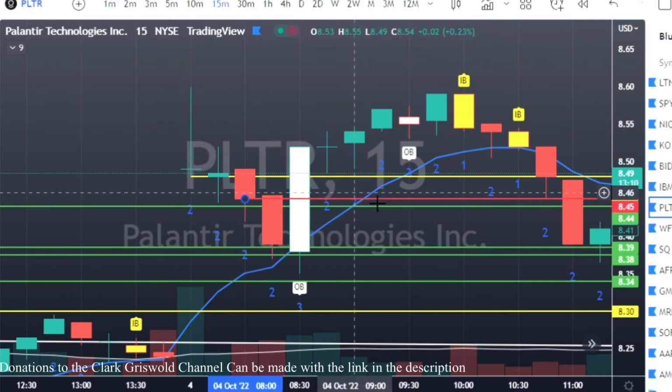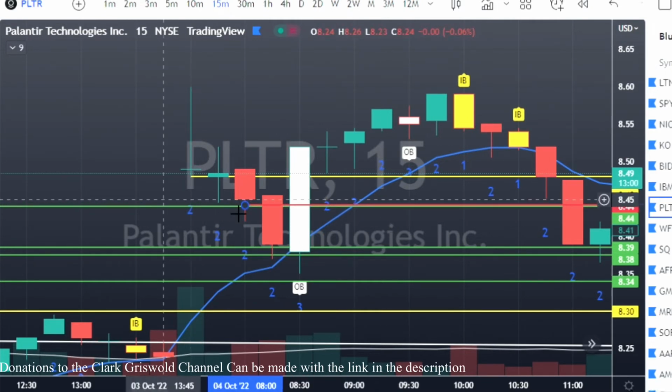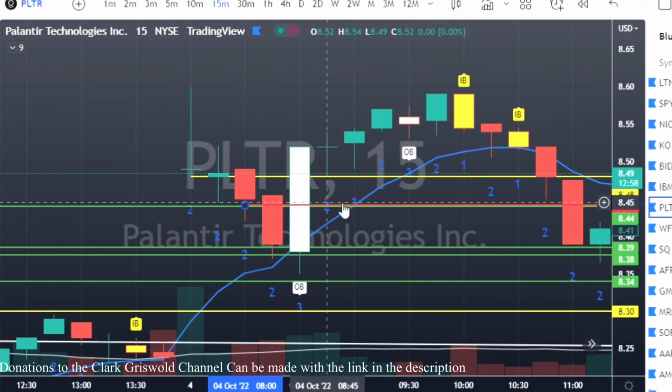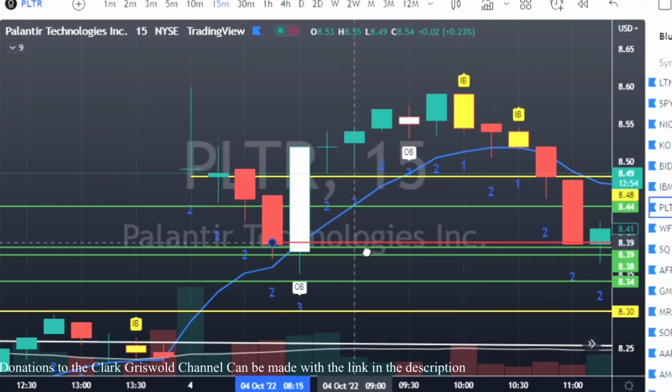Let me move this down right there. As we came through, down below that target and back up, you would have been out of that trade. So you would have created another winning position. Or if you had your risk a little bit higher and you waited, you had a target here where you could have had your stop loss. But another win, another trade you guys should have won on.